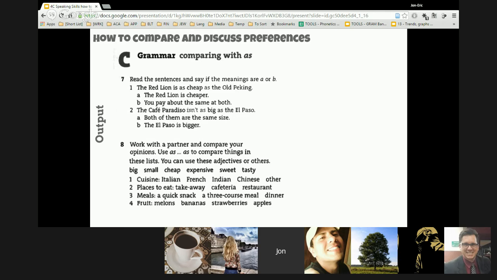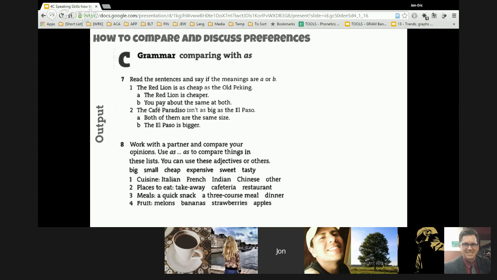Cuisine is an abstract word, so I can't say cuisines like I can say restaurants. So to be clear, let's get rid of the word restaurant: Italian cuisine is as tasty as French, or as tasty as French cuisine. That's the best version.